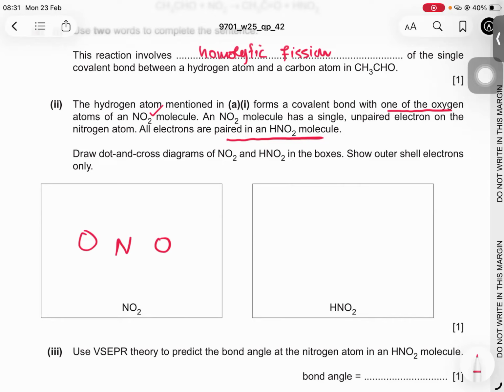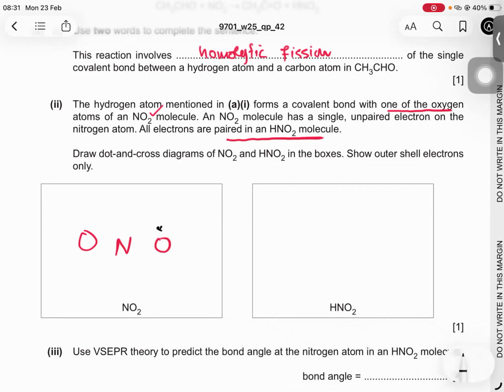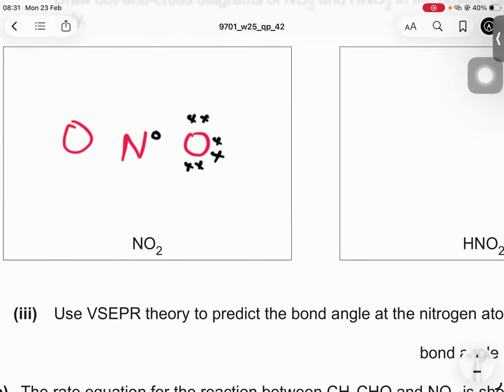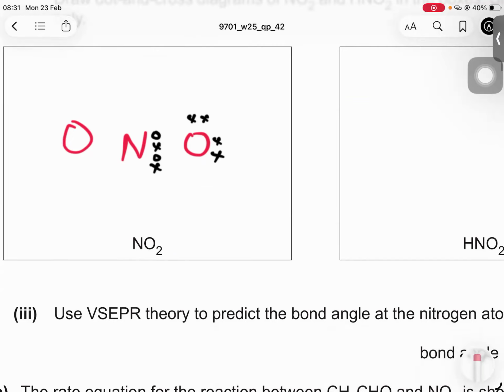Nitrogen has how many electrons in its outermost shell? 1, 2, 3, 4, 5. So nitrogen can share 2 electrons with this oxygen, making a double bond.